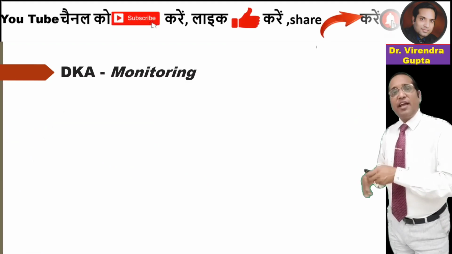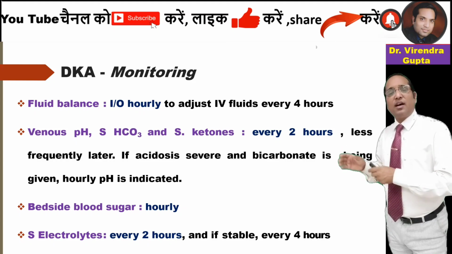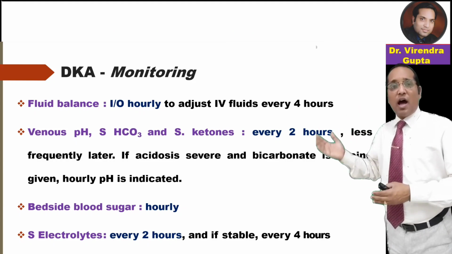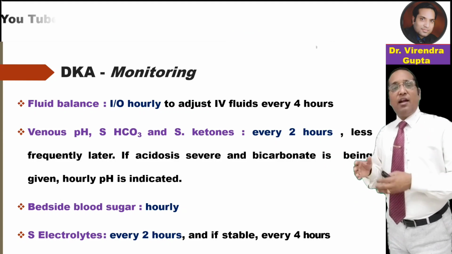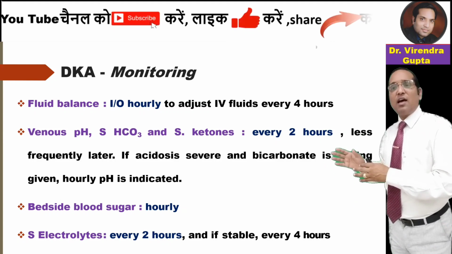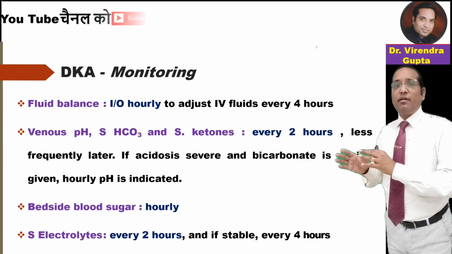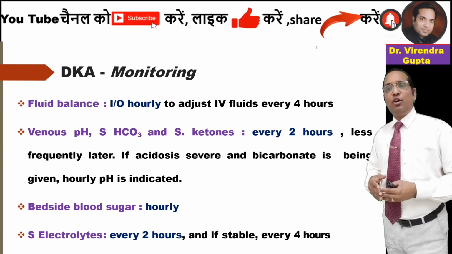So guys, in case of DKA, we should monitor input and output on an hourly basis to adjust the fluid every 4 hours, and venous pH, sodium bicarbonate and ketones should be monitored every 2 hours.